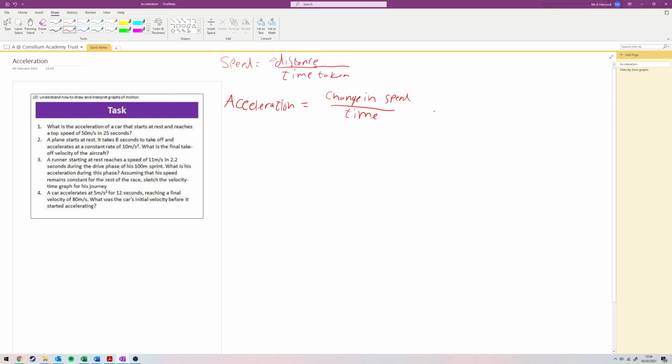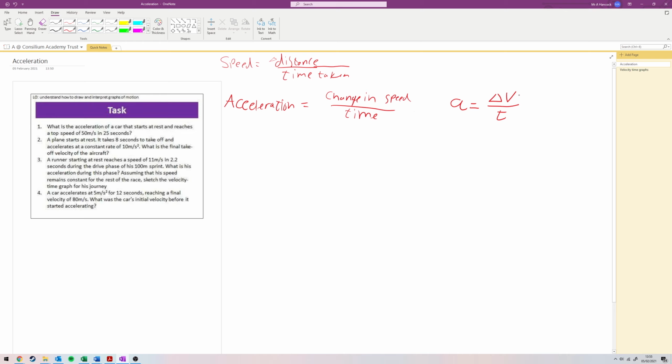If I'm to write this as symbols, I'd write it like this. A for acceleration equals change in speed or velocity over the time.